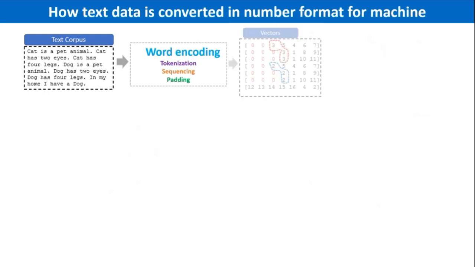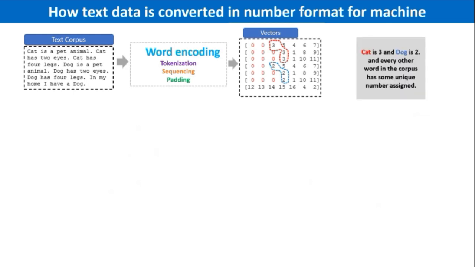For instance, cat might be represented as number 3 and dog as number 2. Our current methodology treats words merely as atomic units, termed tokens, assigning each unique word or subword a distinct number within the corpus. In mathematics or in statistics, a vector is an ordered set of numbers that represents a point in space, denoting both magnitude and direction.